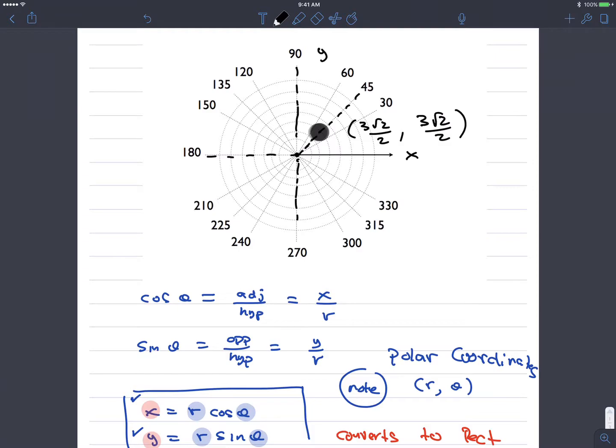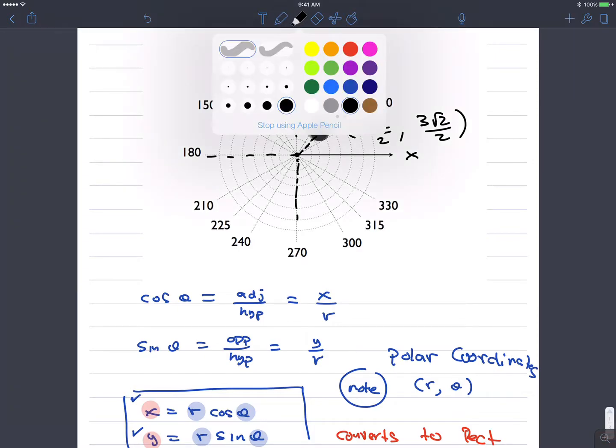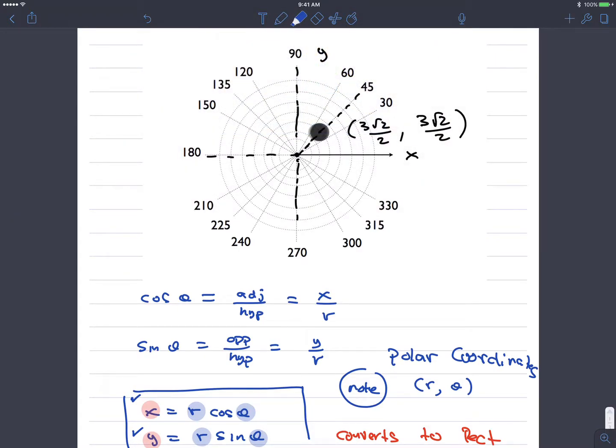That's the same point as the original (r, theta), which is (3, pi over 4). Let's put it over here. That's really just what they're saying for you to do.